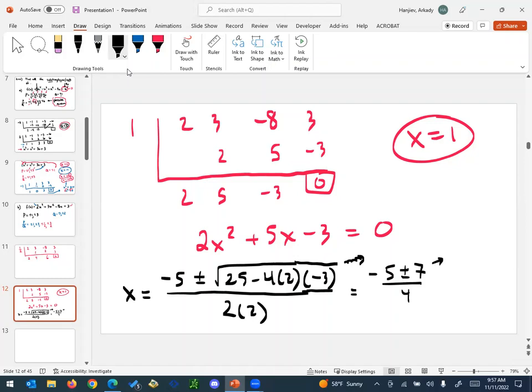Oh, we were so close. -5 plus 7 is 2/4, so 1/2 should have worked. Let's see. -5 minus 7, there you go. -12 over 4 is -3.